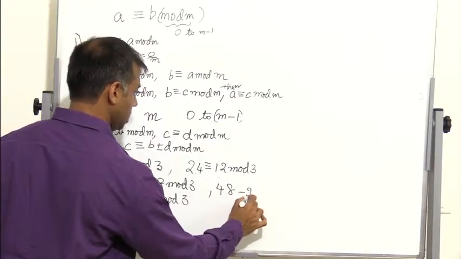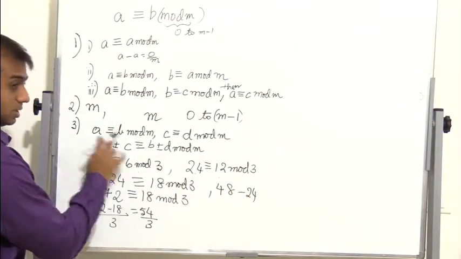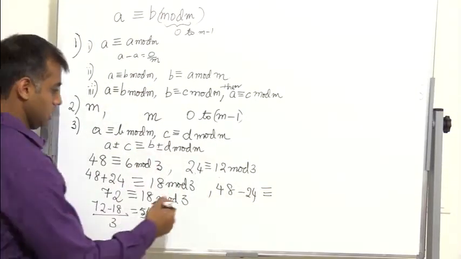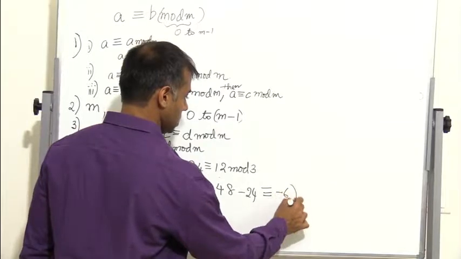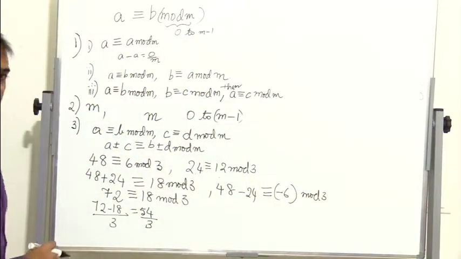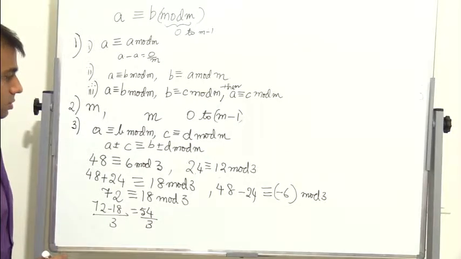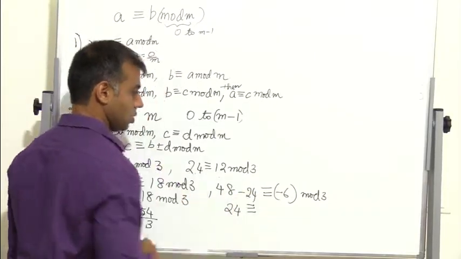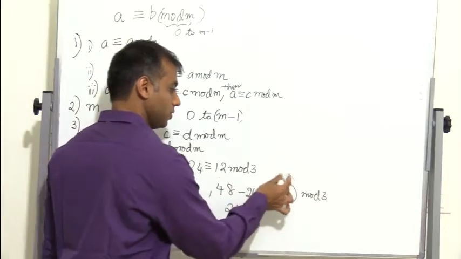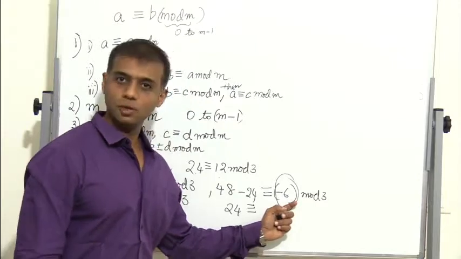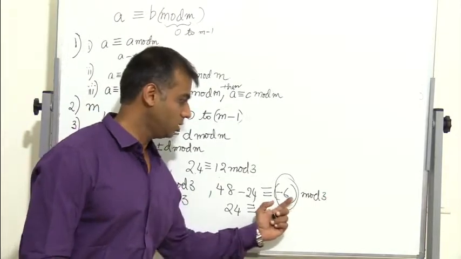minus 24, that is A minus C, should also be congruent to B minus D. B minus D is minus 6 mod 3. So I get 24 is congruent to the positive counterpart of minus 6, so I go on adding the value of 3, that is the mod value, to minus 6.